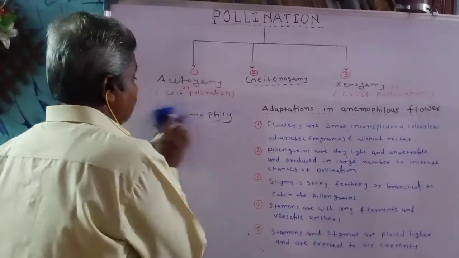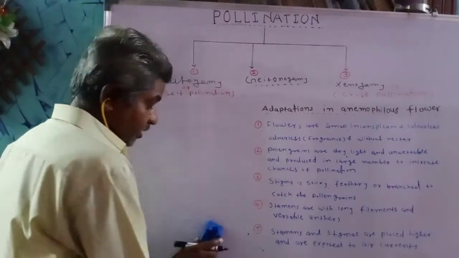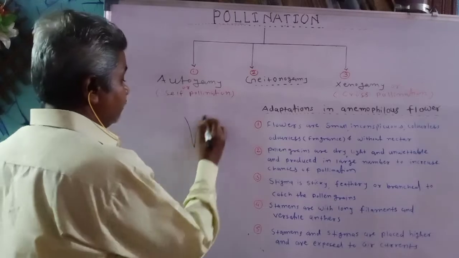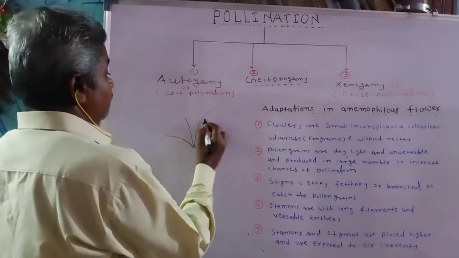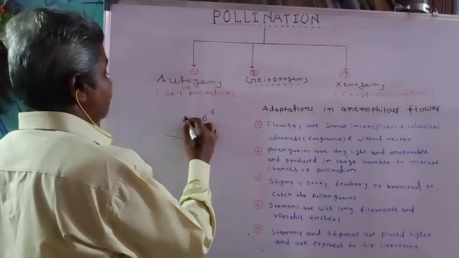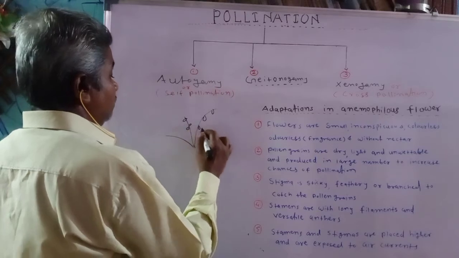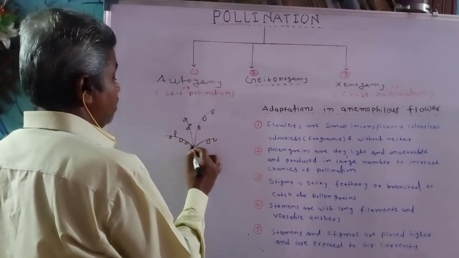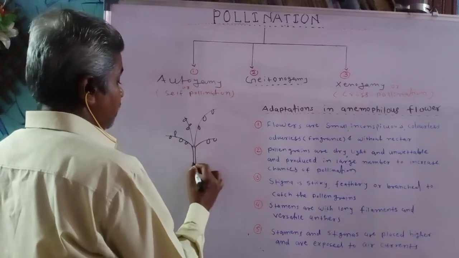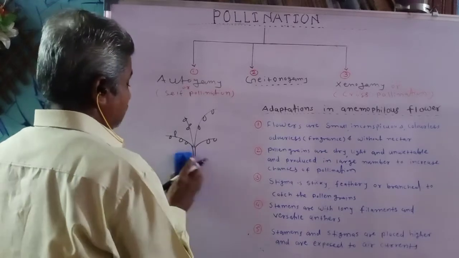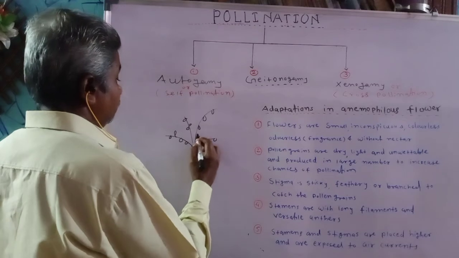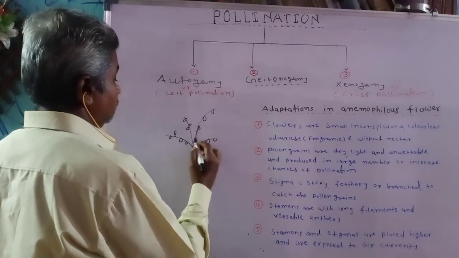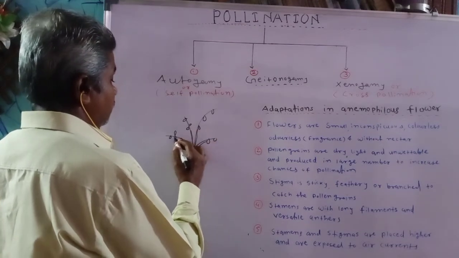So when you observe maize inflorescences, the male flowers are borne at the top of the plant. For example, this is the male inflorescence.